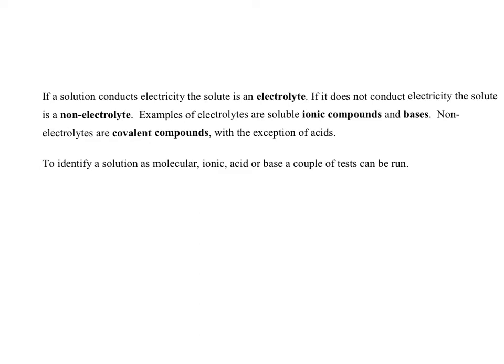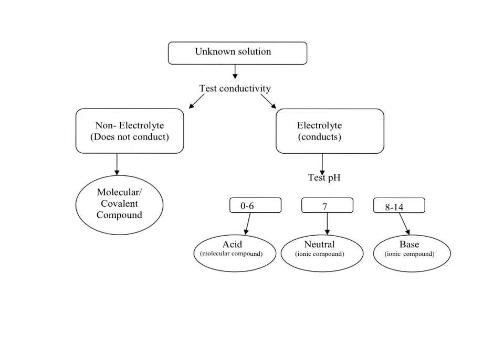To identify a solution as molecular or covalent, ionic, acid or base, a couple of tests can be run. So if you have an unknown solution, you can test the conductivity, and it's either going to conduct electricity, which indicates that it's an electrolyte, or it's not going to conduct electricity, in which case it's a non-electrolyte.